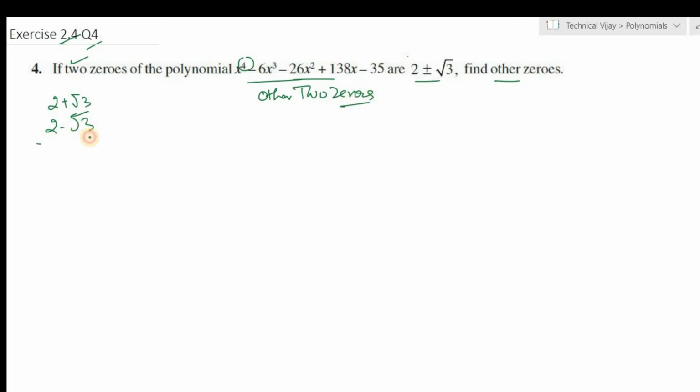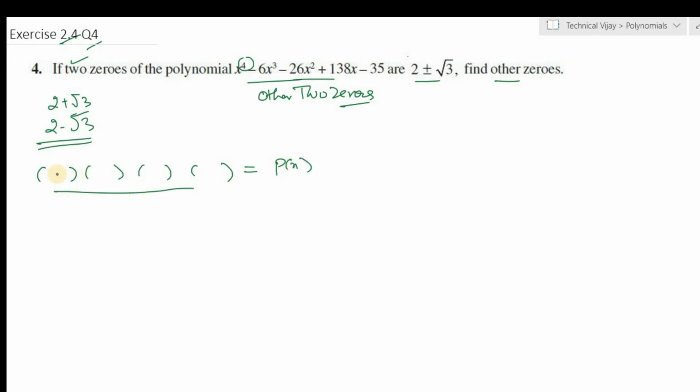We have already seen in exercise 2.3 that if some zeros are there, 1, 2, 3, 4, the product of the factors from these zeros is equal to the polynomial p of x.